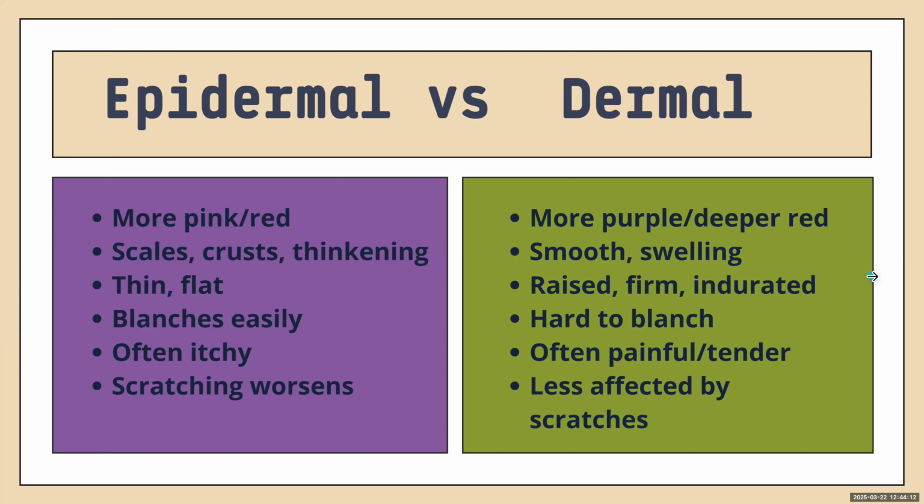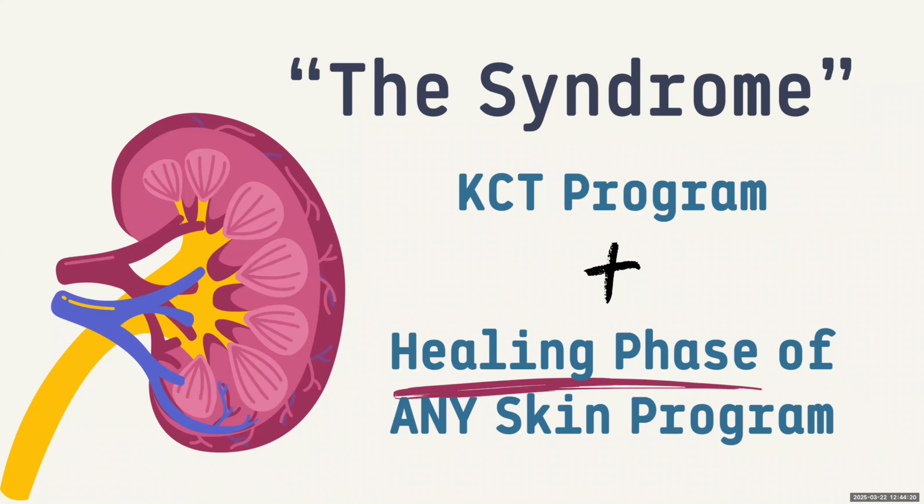So now you have a rash that is in the healing phase. What happens if you have a KCT? If you remember, the KCT is when they experience any of four or all of four conflicts. Does someone remember what the four conflicts are?